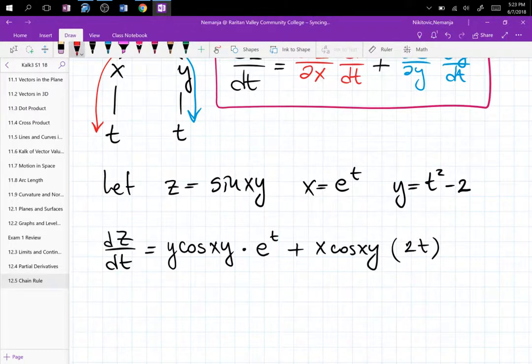So you are going to now replace every x with e to the t, every y with t squared minus 2. So now you're seeing this labor, right? The one that I say the problems are excellent for killing time and developing carpal tunnel. So that's this.